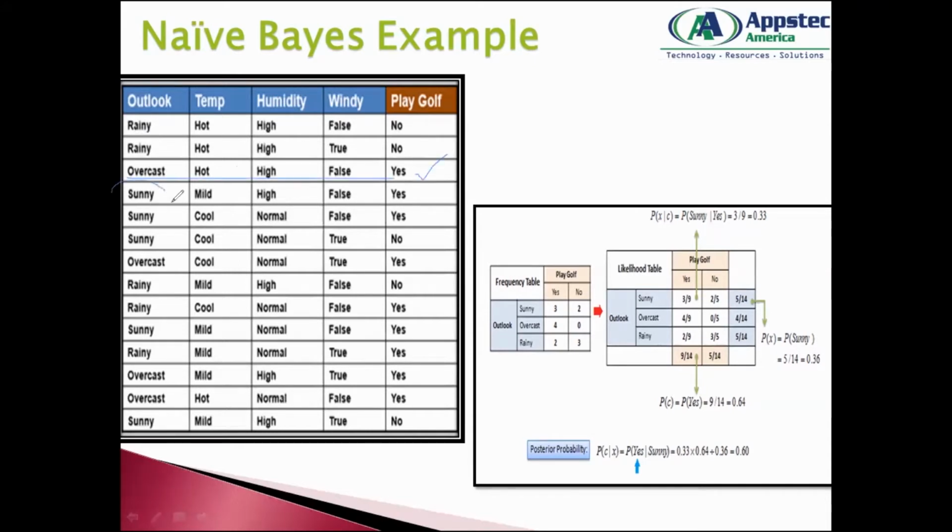If the day is sunny, the temperature is mild, humidity is high, and not windy, I again prefer to play. So for not playing and for playing, I have a predefined history of which day I decided to play and which day I did not, and what the exact attributes of my x's were.